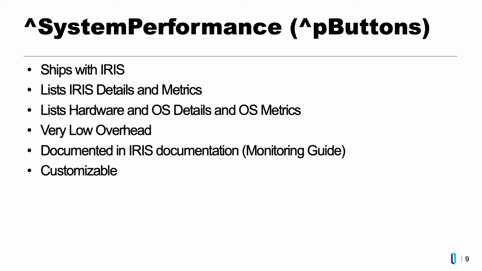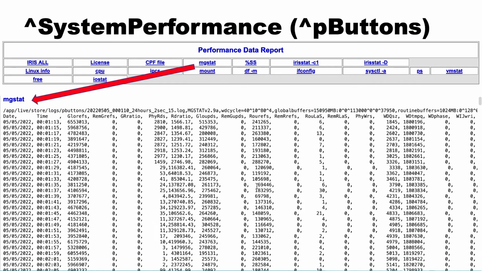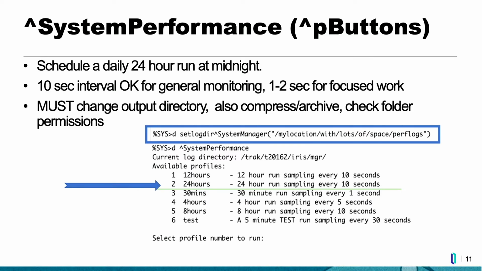And in fact, for our TrakCare customers, I get them to run it 24/7. So every night it kicks off a job for 24 hours to run System Performance. It puts the output in a directory, and then they have a cron job or something which will zip it up and maybe archive it afterwards. The reason I mention that is because the default directory for it is the same as the mgr folder, the same folder that IRIS is installed in.